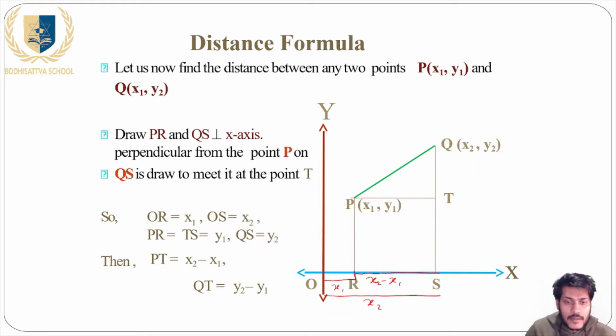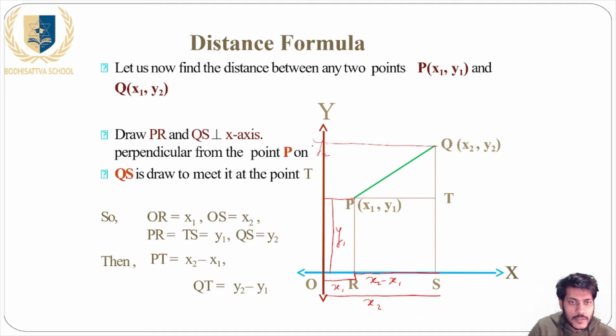The same for the y axis. PR is y1, and this point is y2.